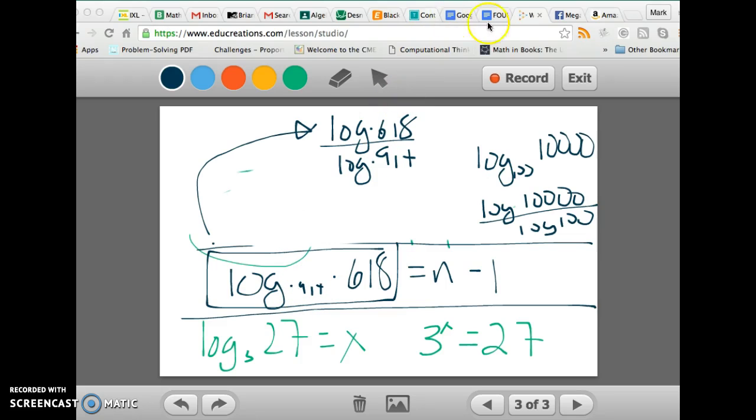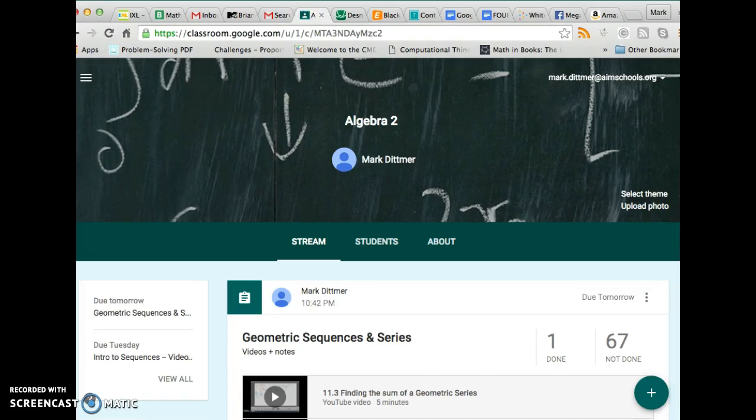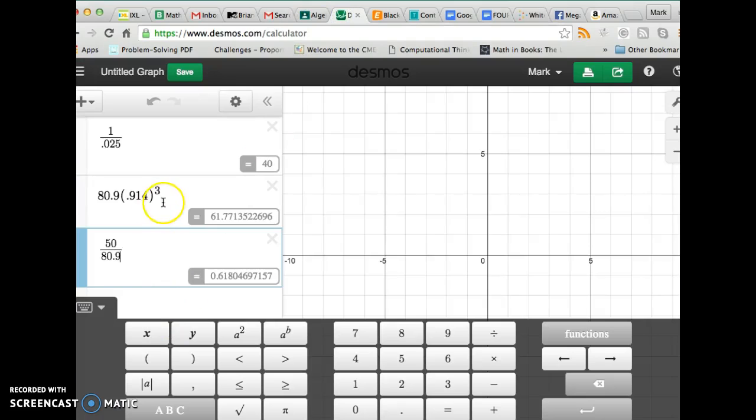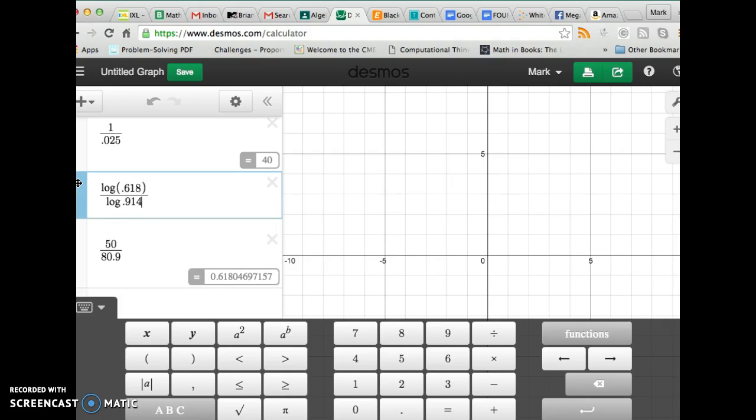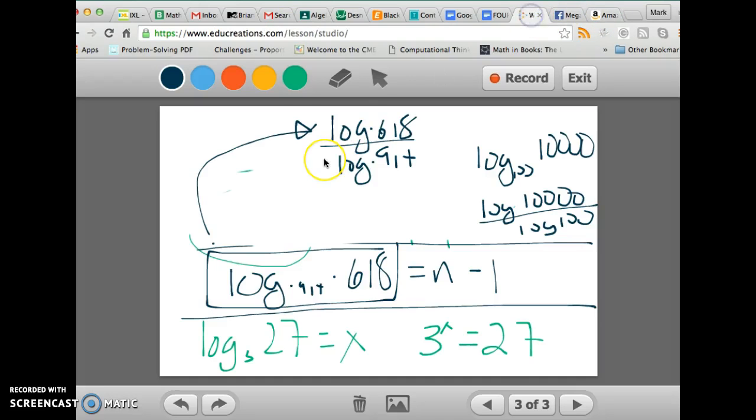All right, so I do some calculations now. 0.618 over 0.914, so that's going to look like this. And we get 5.35 as our answer. So 5.35 equals n minus 1.